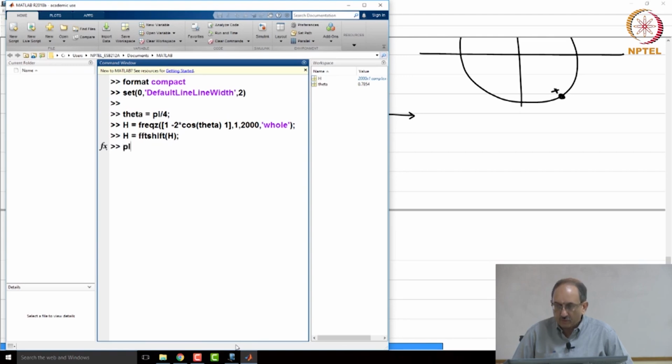Now let us plot the frequency response, between minus 999 and 1000. I have to divide by 2000, so that the x axis is between minus half and plus half. I am normalizing, instead of plotting between minus pi and pi, and then let me plot the absolute value of the frequency response.